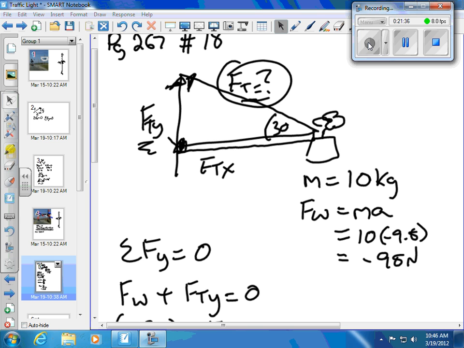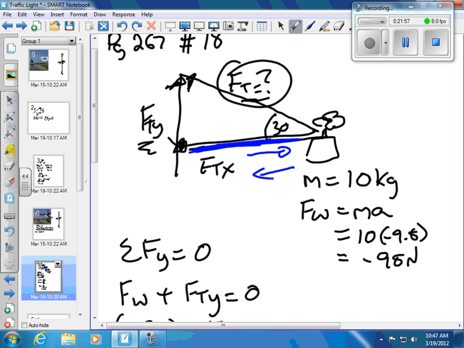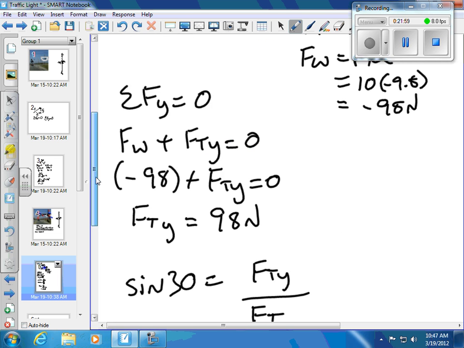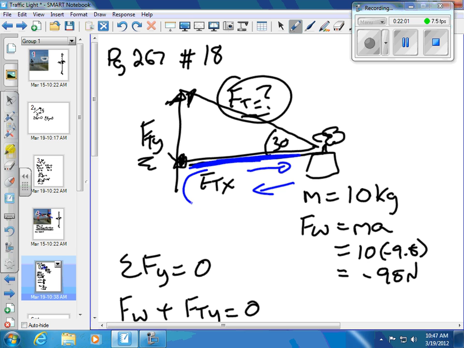What that question is saying is how much compression is there on this? To keep the pot from going this way, the strut has to push that way, right? So first we have to find FTX.